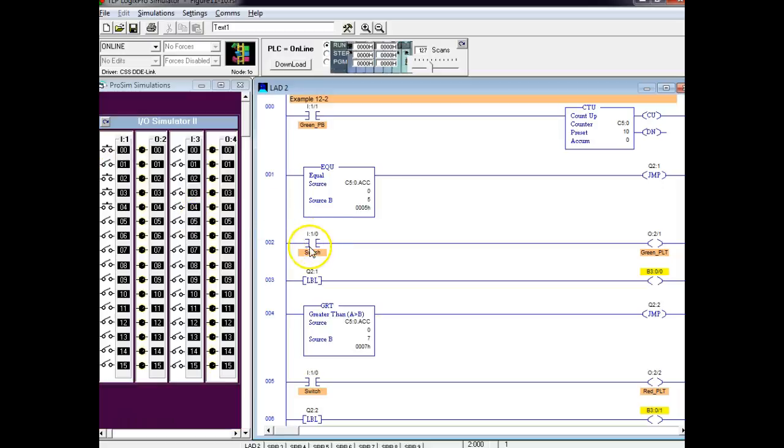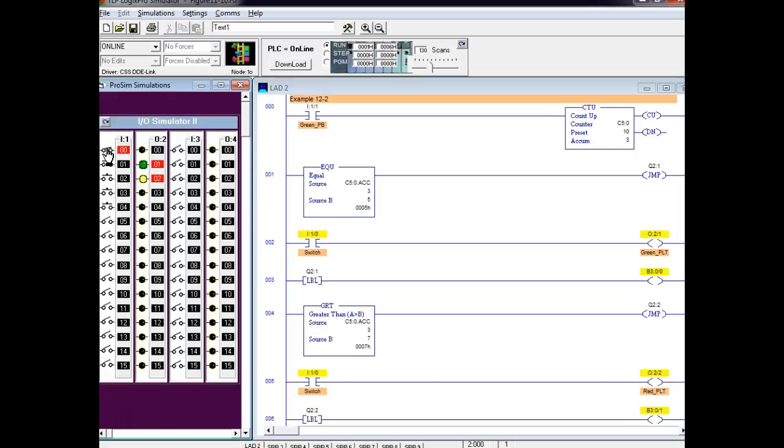Rung 2 is controlled by a switch. Oops, I need to leave this as a switch. I need to change this to a push button. So we'll go ahead and close the switch. And the light comes on.